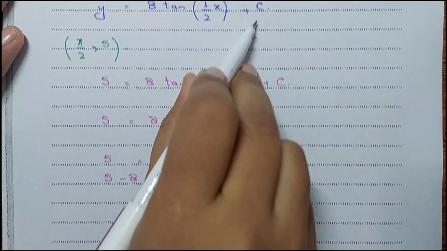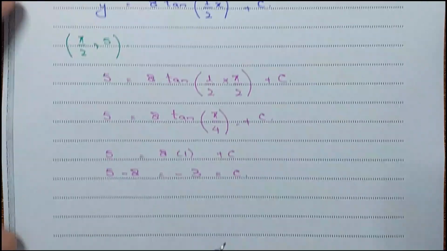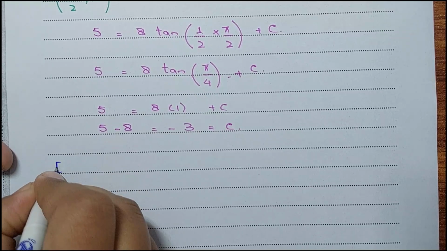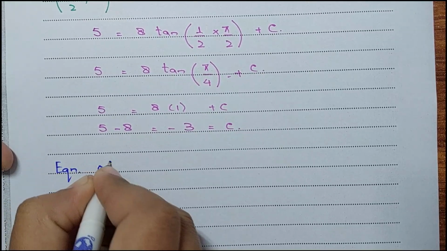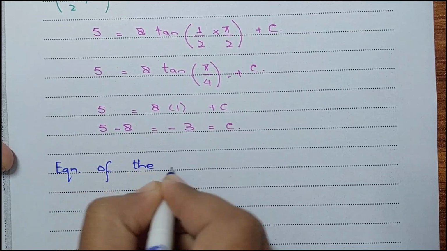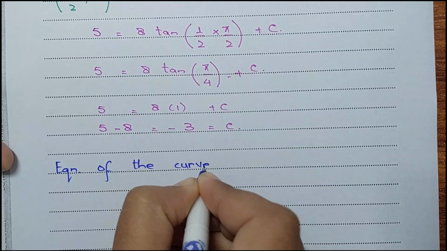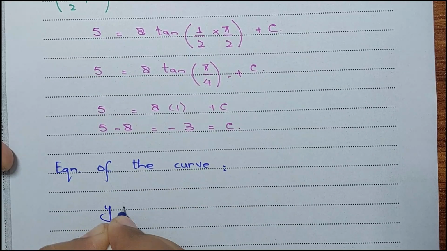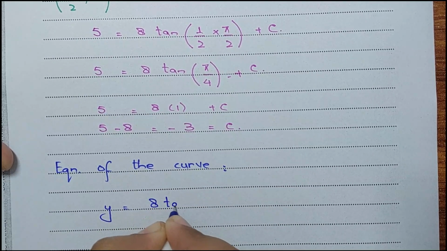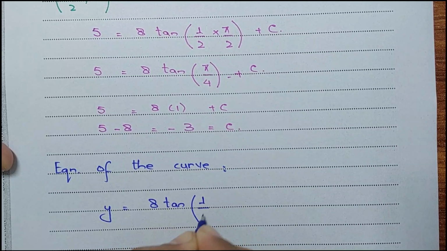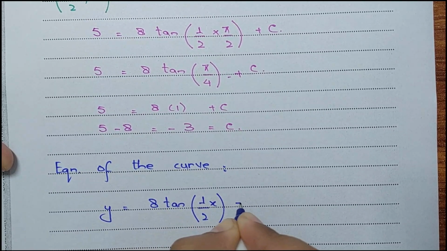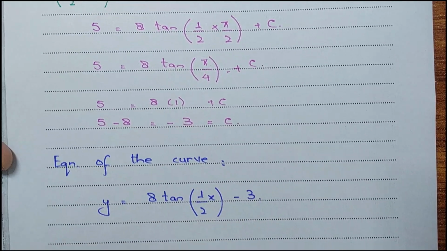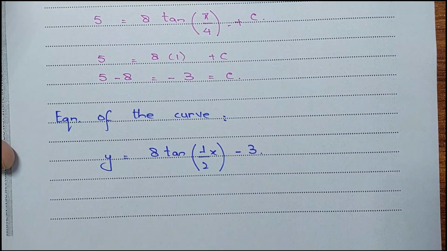Now we have the value for c, just substitute it over here and you will get the equation of the curve. So the equation of the curve becomes y equals 8 tangent 1/2 x plus the constant of integration, which is negative 3. So that would be your equation of the curve.